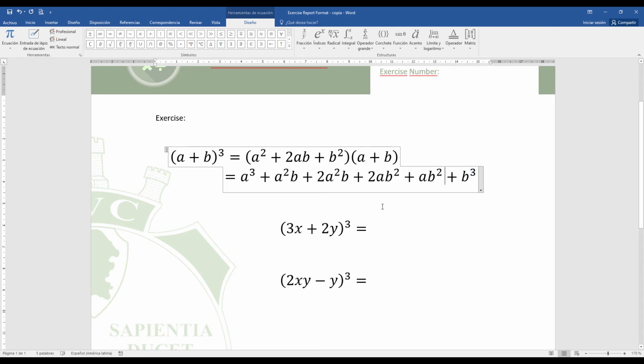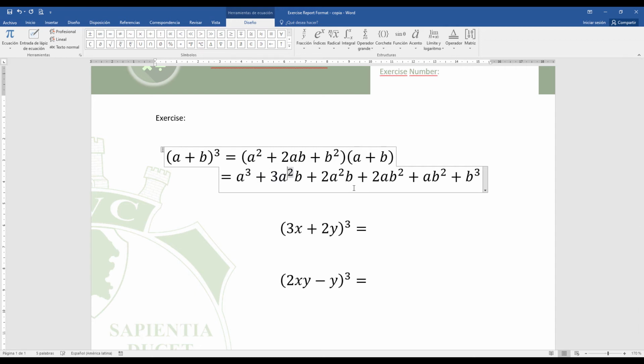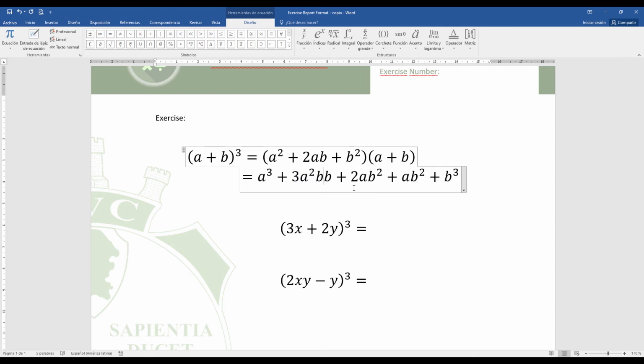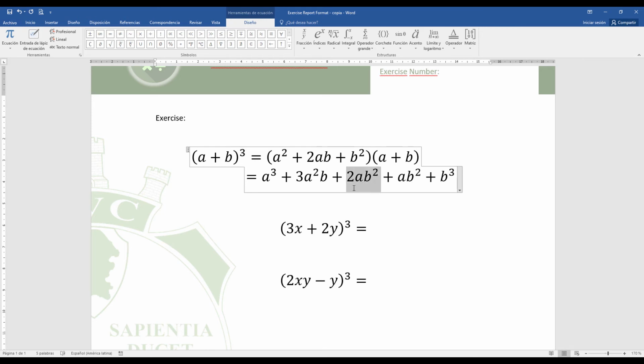So now you need to reduce the like terms. For example here this is a squared b, this is a squared b, so if you add them, this is 3a squared b. And now this is ab squared, this is ab squared, so here is 3ab squared.